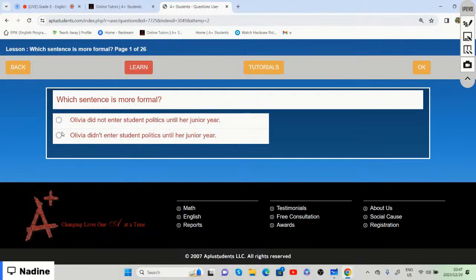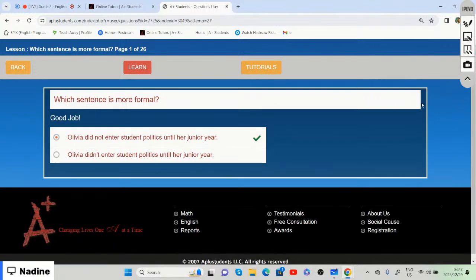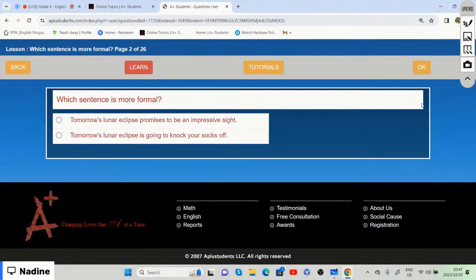So the sentence that is a bit more formal, we can say it is Olivia did not enter student politics. Because can you see the contractions, didn't is informal, but did not is written out in full, which is more formal.